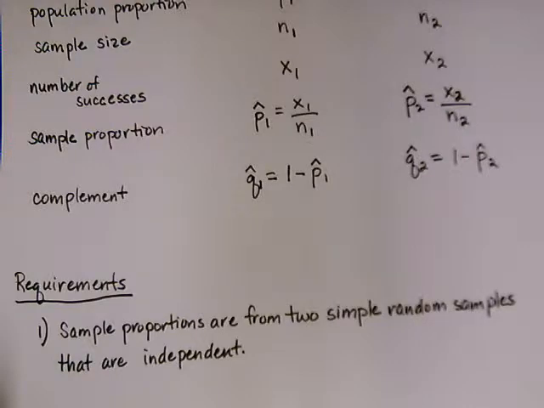And what do we mean by independent? That means that the sample values selected from one population are in no relationship or somehow naturally paired or matched with sample values that are selected from the other population. So the first sample has no relationship with the second sample.